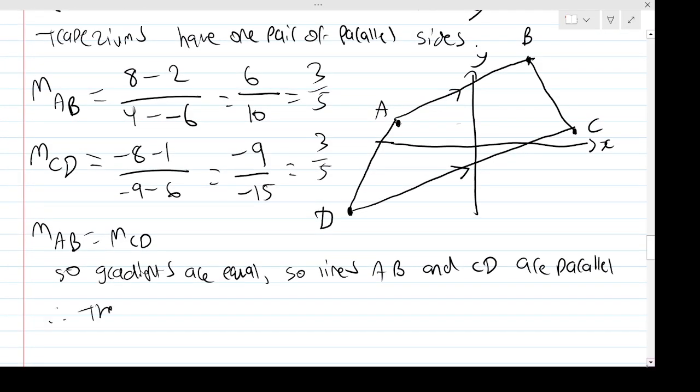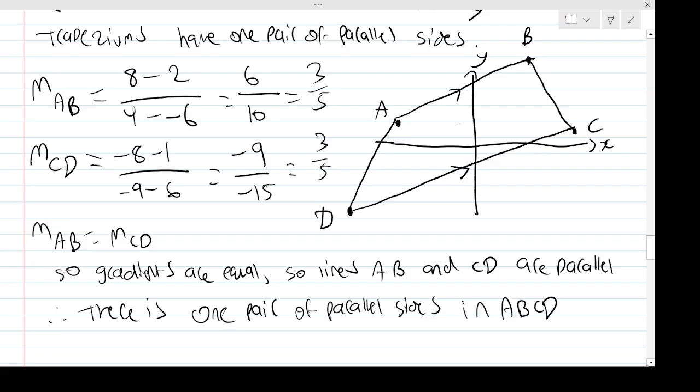Therefore, there is at least one pair of parallel sides in the shape ABCD. Therefore, ABCD must be a trapezium. Cool, because remember the defining property was that trapeziums have one pair of parallel sides.